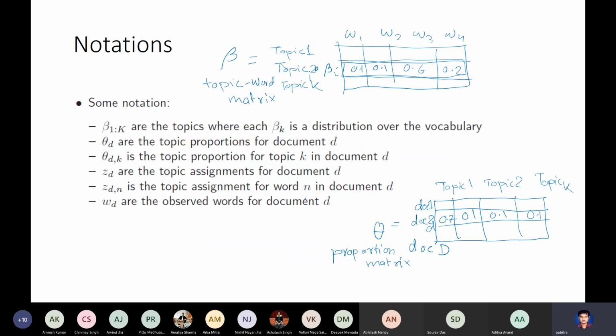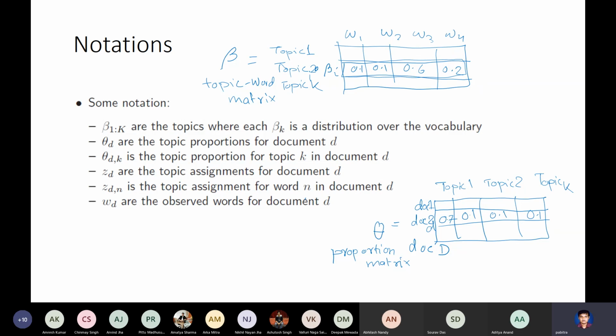Note that I have written this as a matrix, but every row of this matrix can be considered as a distribution. In the beta case, if the vocabulary size is V, it can be seen as a V-valued distribution. Similarly, the theta rows can be seen as a K-valued distribution. So every row represents a distribution.